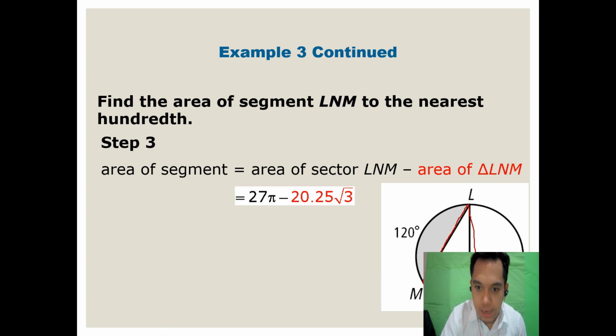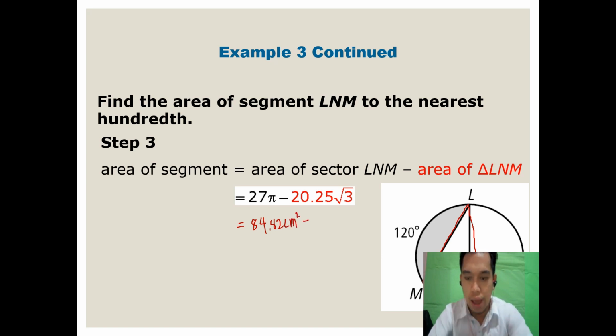Okay, so this is yung area ng ating sector kanina is 84.82 cm squared. Minus, itong 20.25 times square root of 3, which is 35.07, yung area ng triangle. 35.07 cm squared.